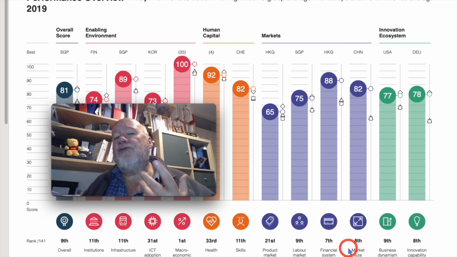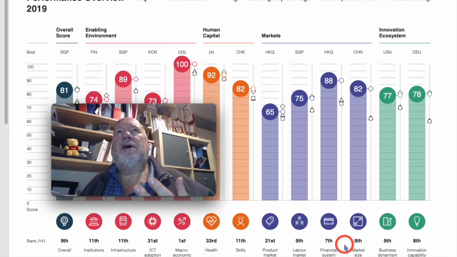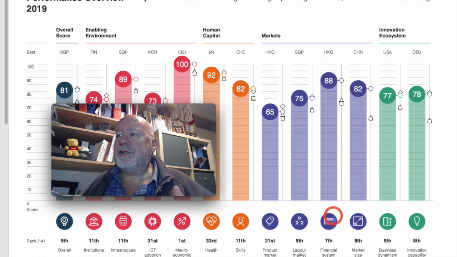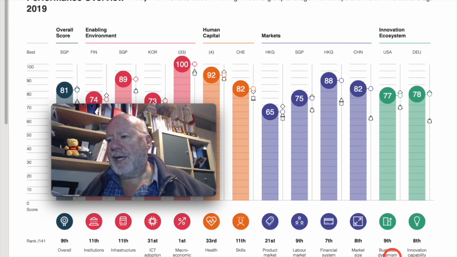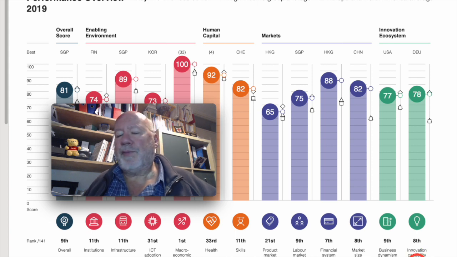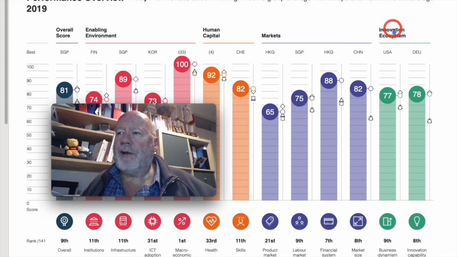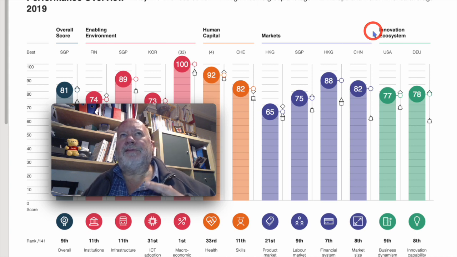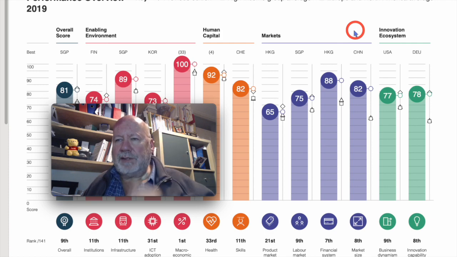So this can be really linked to your microeconomics and how competitive industries are, what the concentration ratios are, etc. And lastly, they look at what they call the innovation ecosystem, how dynamic a business is and how innovative the capability is. So this gives you a good view of what would be happening in the real world to our competitiveness, which takes you a bit deeper than those three different measures.